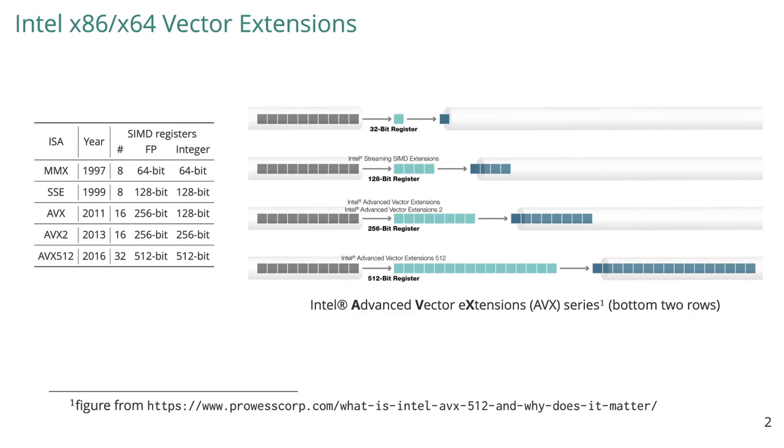The up-to-date incarnation of the AVX series is AVX512. It augments the execution environment with thirty-two 512-bit registers and also brings various new instructions. Consequently, the bit length of SIMD registers increased from 64 to 512 over a period of just 20 years, and one can expect further extensions in the future.